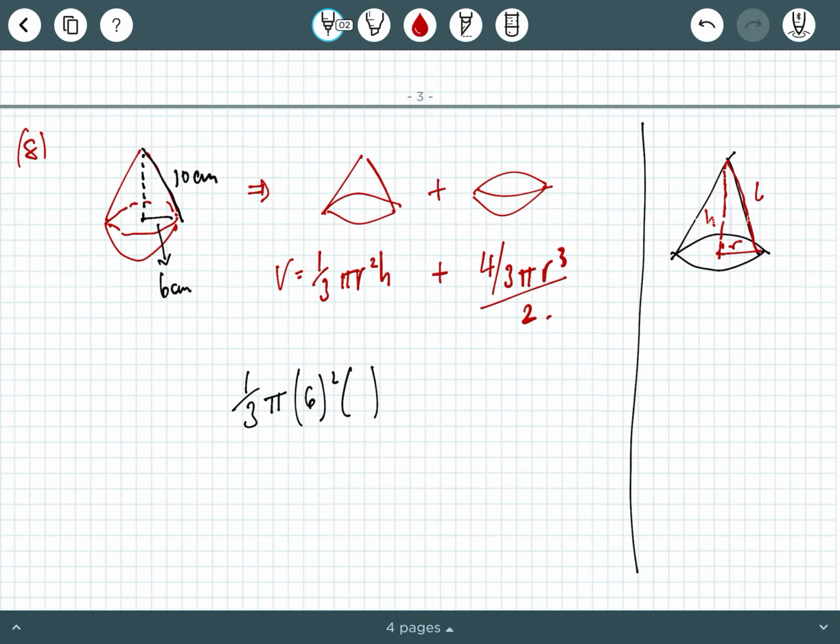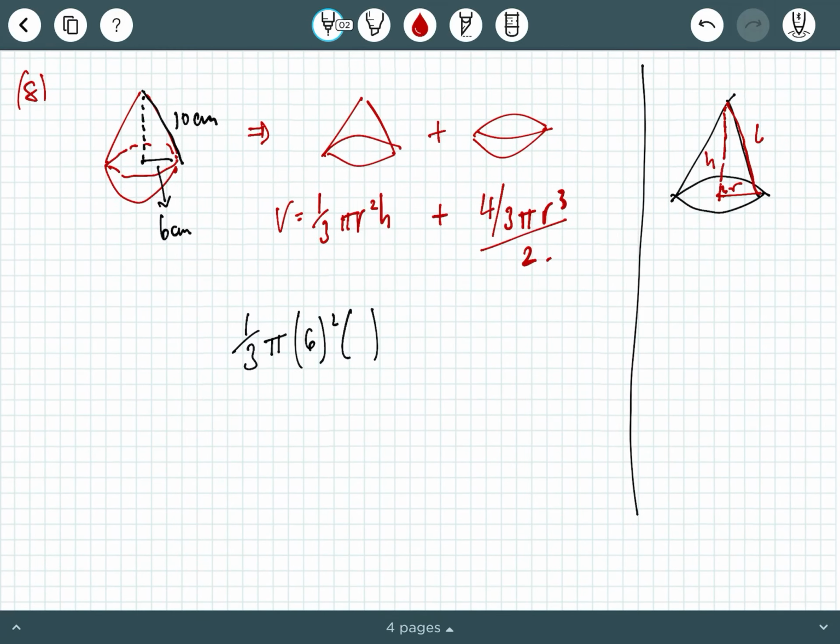It's a little right angle triangle. I'll draw this right angle triangle: they have given us the bottom, which is 6, the radius, and L to be 10, and we need to find h. Pythagoras' theorem: the hypotenuse squared is equal to the other two sides squared. So 10 squared is 6 squared plus h squared. 10 squared is 100, and 6 squared is 36.